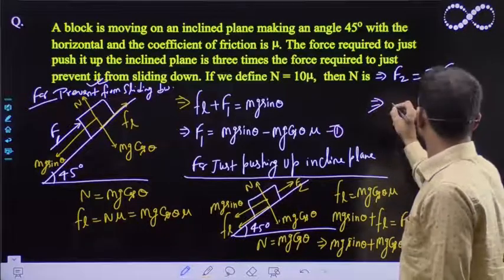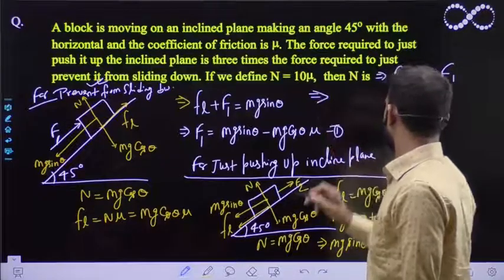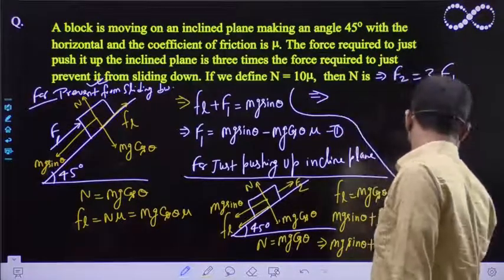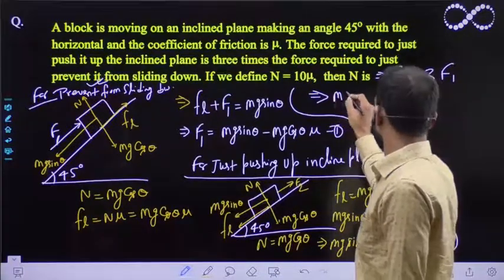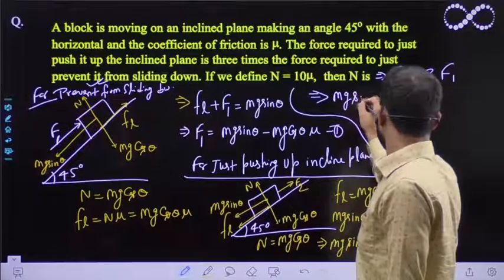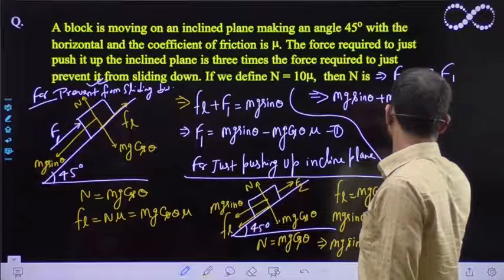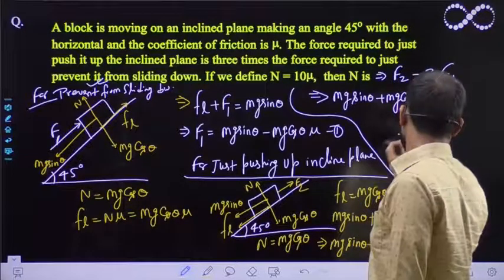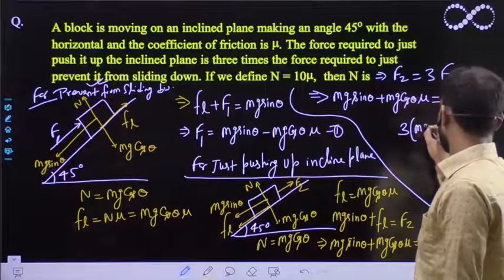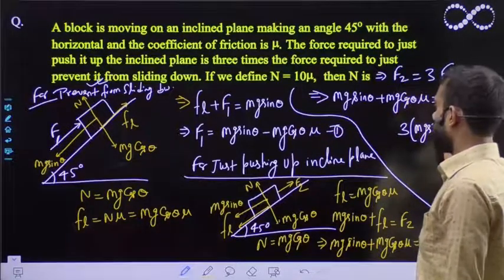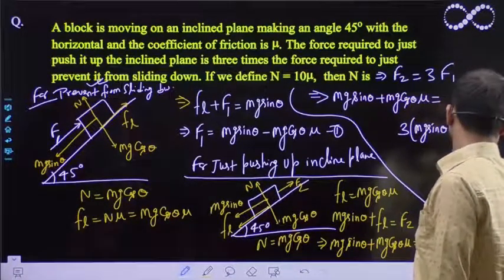So F2 you are getting, that is mg sin theta plus mg cos theta mu, is 3 times of this one, F1, that is mg sin theta minus mu mg cos theta.